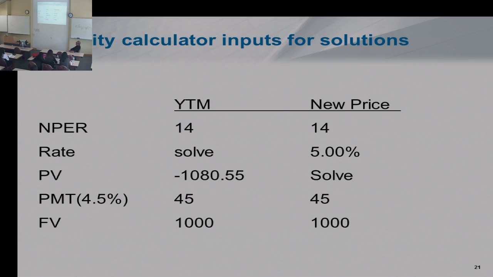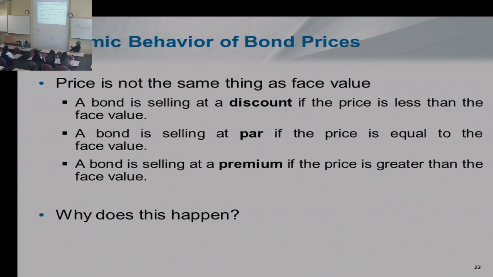The present value of your future cash flows is less. And in this case, it was 900 and whatever I said it was. So price is not the same thing as face value. Price is the present value of the future cash flows. Face value is what it was set at when it was issued.